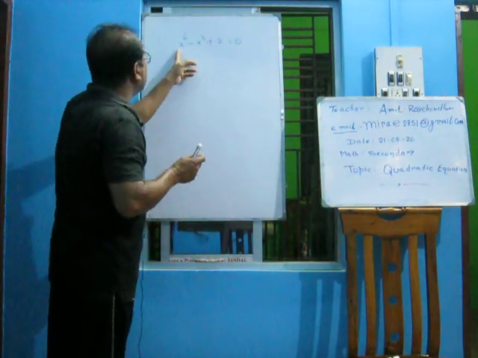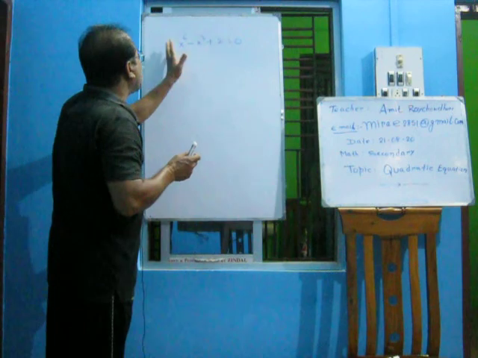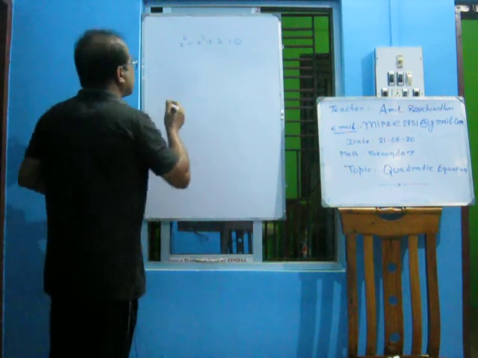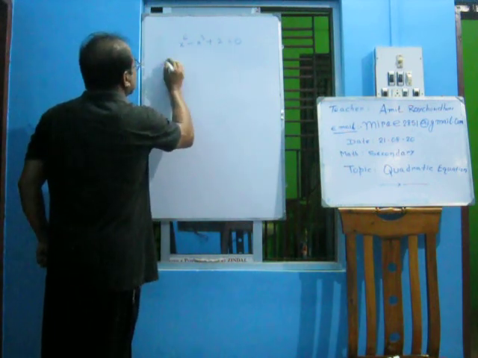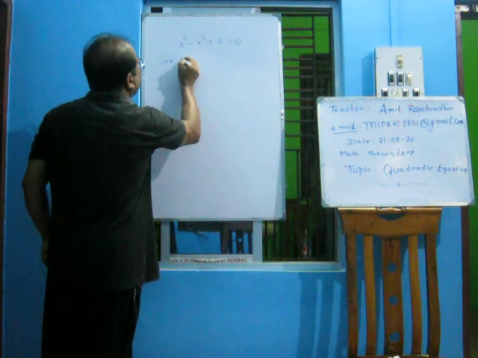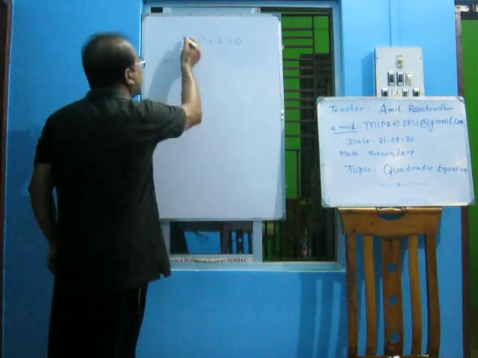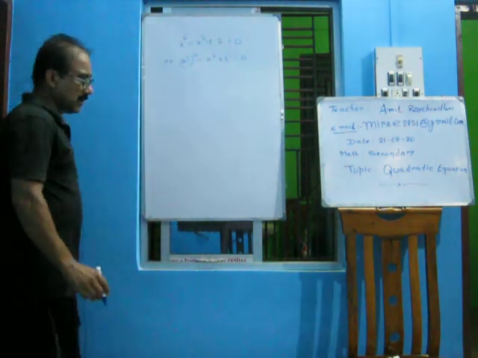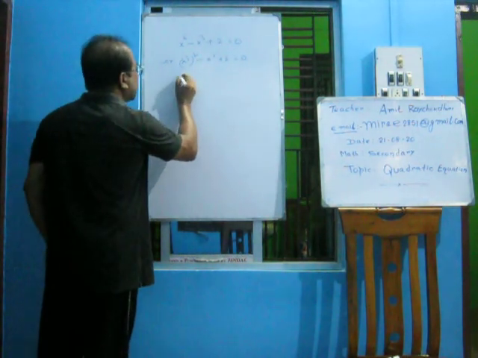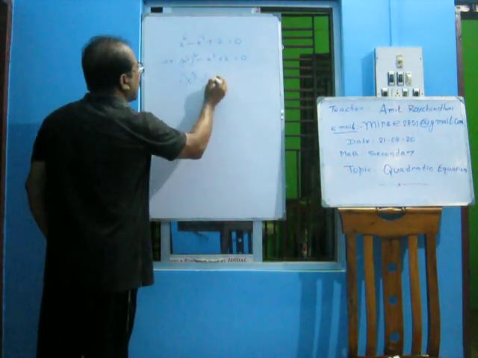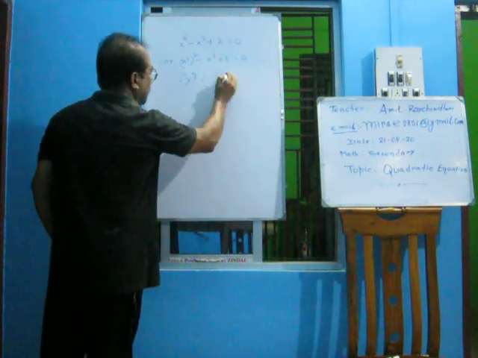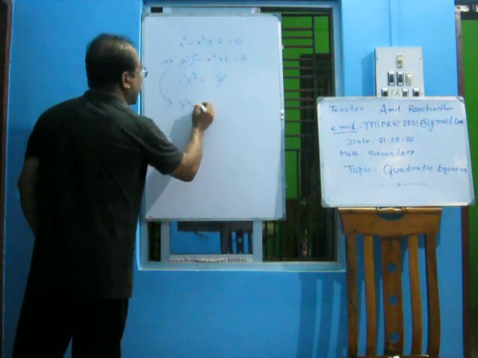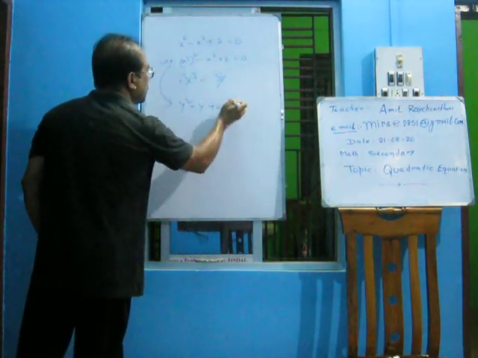By seeing this one, it cannot be called a quadratic equation, sir. No. Why? Because this can be written as x cubed whole square minus x cubed plus 2 equal to 0. Now let this x cubed equal to a or y. So the equation can be transformed to y square minus y plus 2 equal to 0.